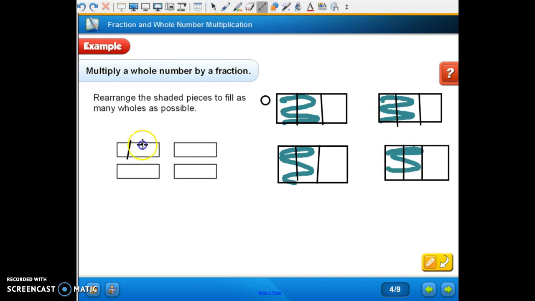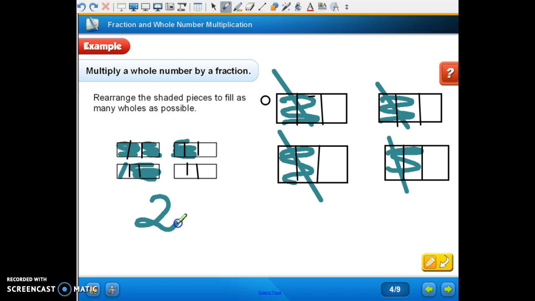If I divide these into thirds, and I take these 2 shaded parts and I put them over here, I take these 2 shaded parts, and I take these 2 shaded parts, I still have 2 and 2/3.